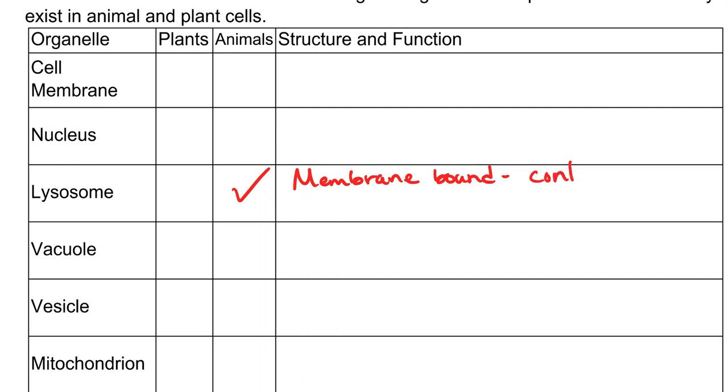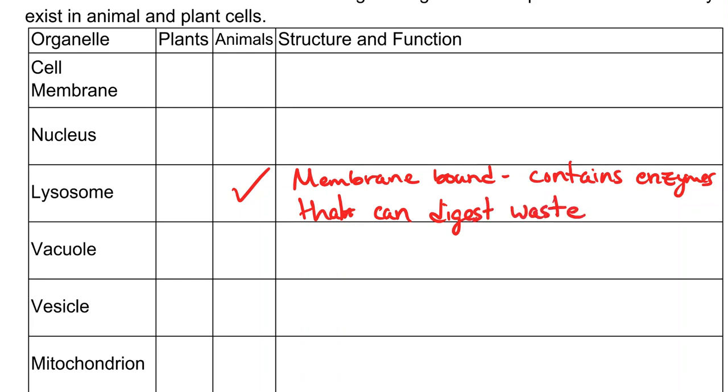And it contains enzymes. Enzymes are just proteins that like to either build things up or break things down. It contains enzymes that can digest waste material, or it can destroy materials that you want to be destroyed.